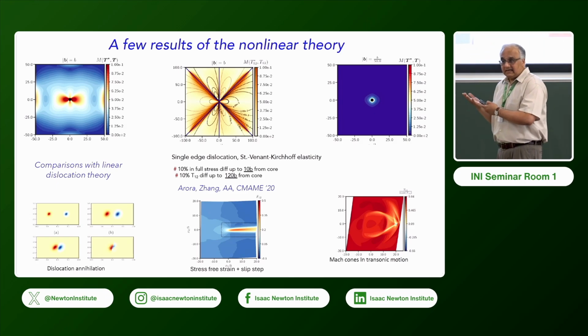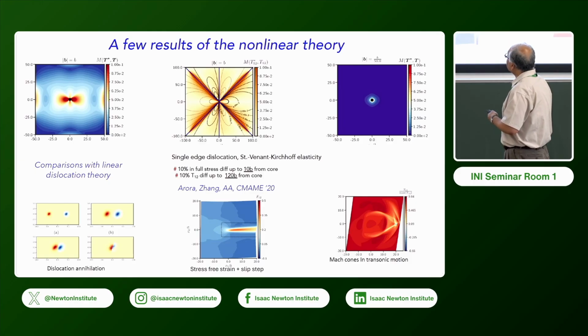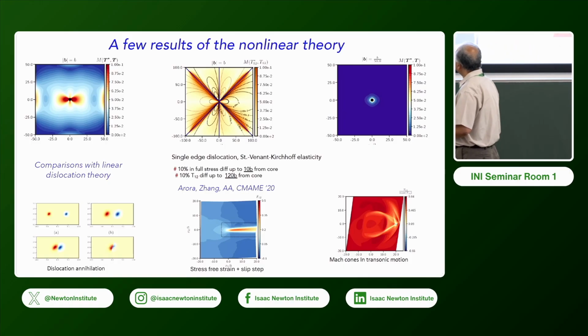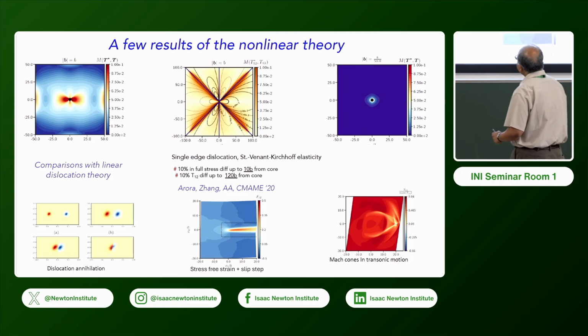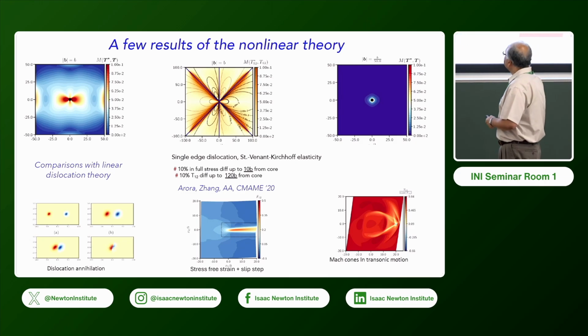Well, okay, so fine. Now we have a tool by which we can compute such things. So you put a little core in there, in a 100 Burgers vector size domain. This is a comparison of the difference between the linear elastic and the nonlinear elastic fields in the stress. It's a Saint Venant-Kirchhoff material.